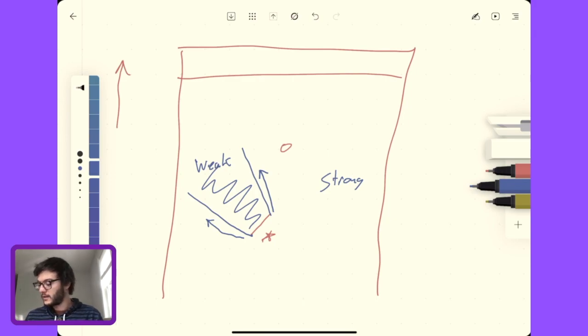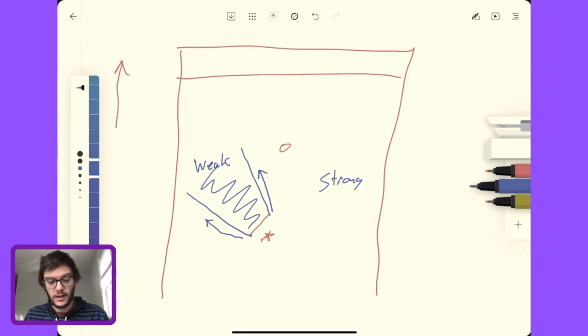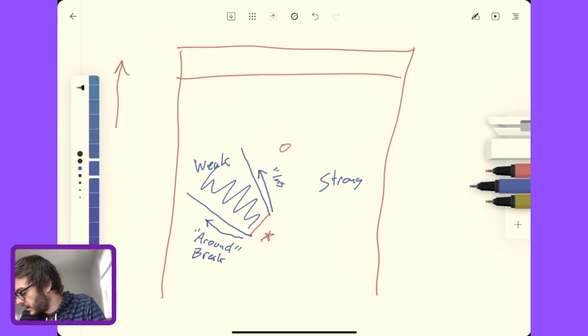This throw is called, I shouldn't have said around before, but this is the around throw, right? This is the around break. And this one is the inside break. I don't really know where this terminology comes from.